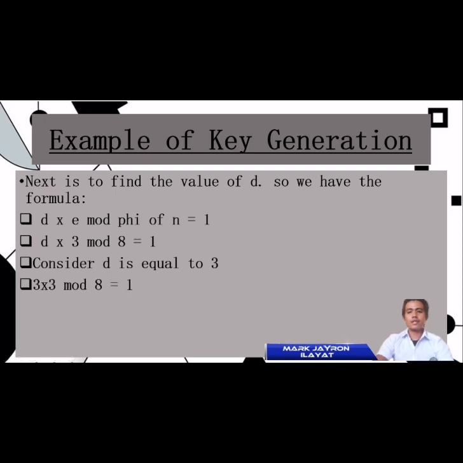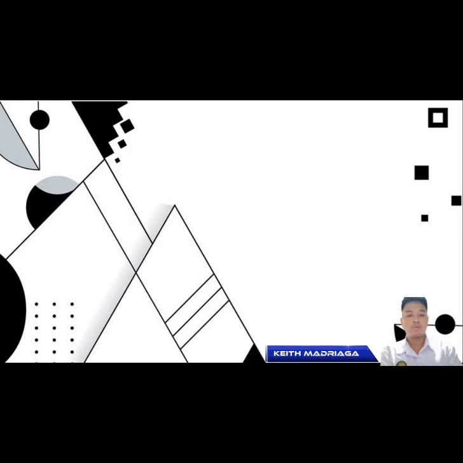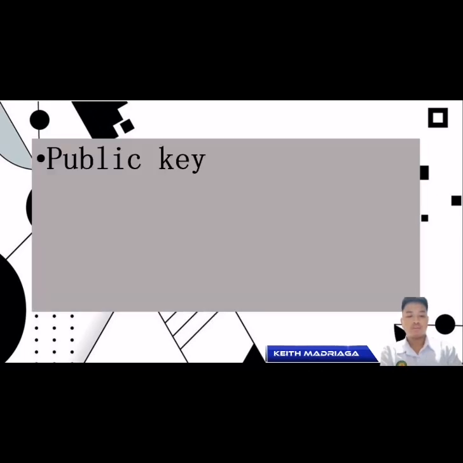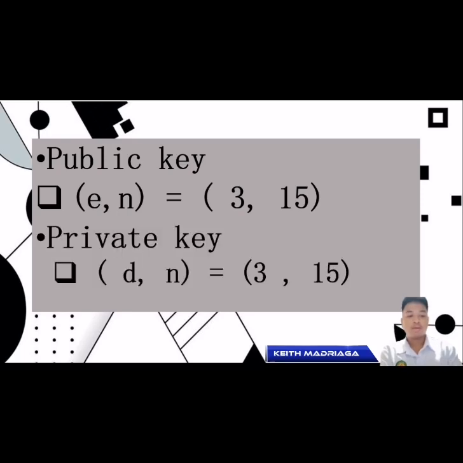And 3 times 3 mod 8 is equal to 1. 9 mod 8 is equal to 1. So here we know the public key, which is E and N, which is 3 and 15, and the private key D and N, which is 3 and 15.